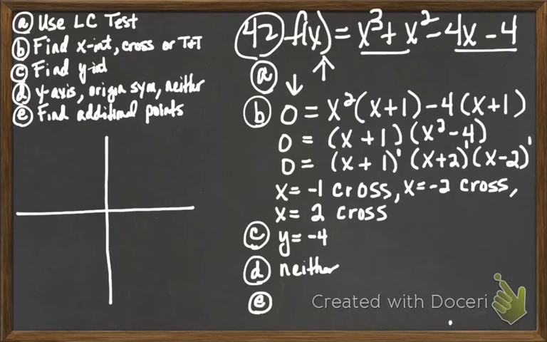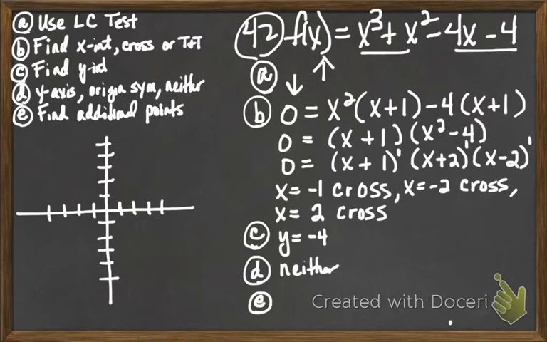They're -1, -2, and +2, so I'm going to go maybe 4 to the left and 4 to the right. My y-intercept is -4, so I'll go about up 5 and down 5. I may have to add some more, but I'll just get that started. So I know what I've got to graph. If I have to add some more dashes, I will.